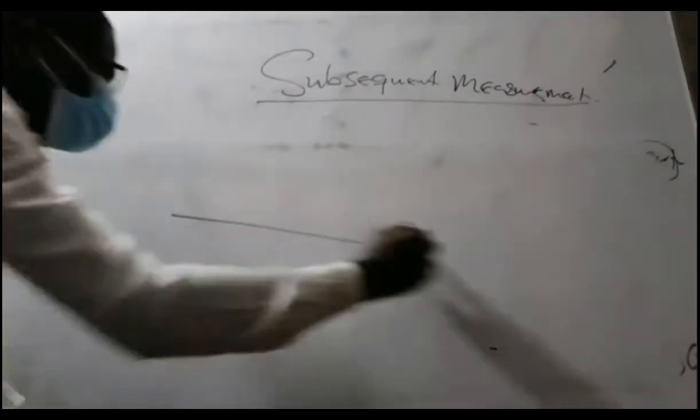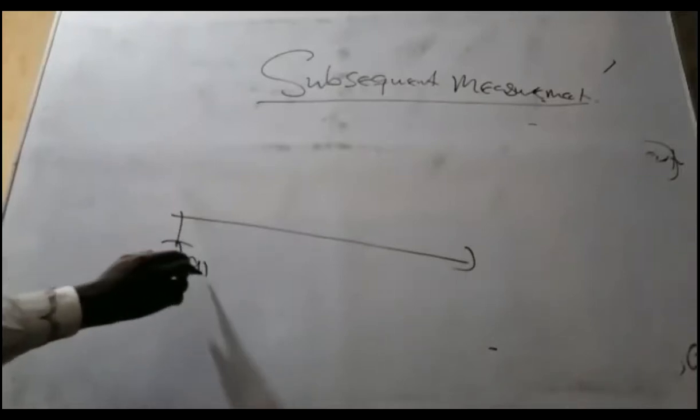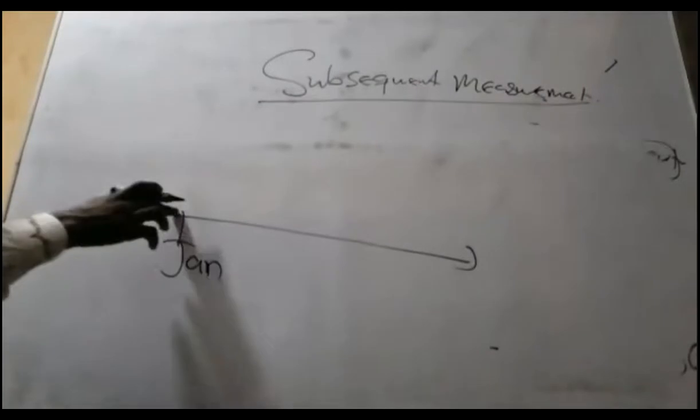Subsequent measurement. Good. Now, what do you mean by subsequent measurement? The issue is this. The first time you acquire the asset, the value to place on that asset is called initial measurement, right?